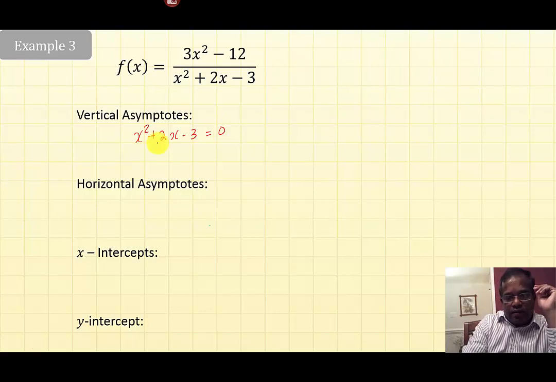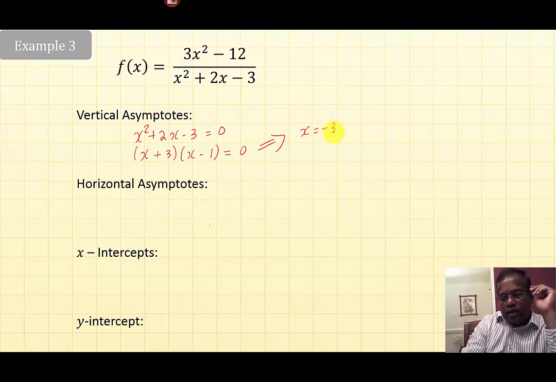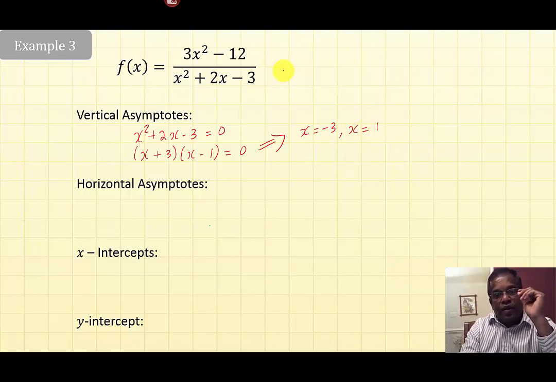We can factor it: factors of negative 3 which add to 2 are plus 3 and minus 1. That gives us x equal to negative 3 and x equal to 1. So the domain of this function is all real numbers except these two. So there are vertical asymptotes at negative 3 and 1.